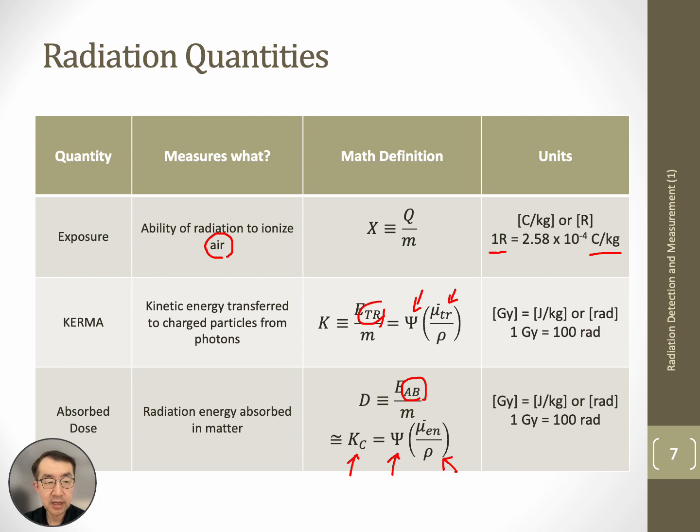So both kerma and absorbed dose share the unit, which is gray, energy per mass, joule per kilogram. Traditionally we use rad, but the SI unit is gray. And one gray is 100 rad. One rad is 1 centigray.